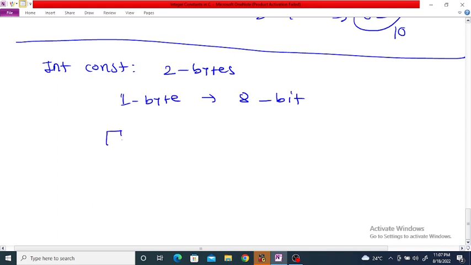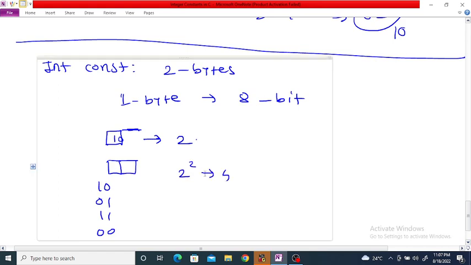If we consider only 2 bits, in 1 bit we can store 1 or 0, so there are 2 choices for 1 bit. If there are 2 bits, then you have how many choices? You have 00, 01, 10, 11. So 2 raised to 2, that is 4.